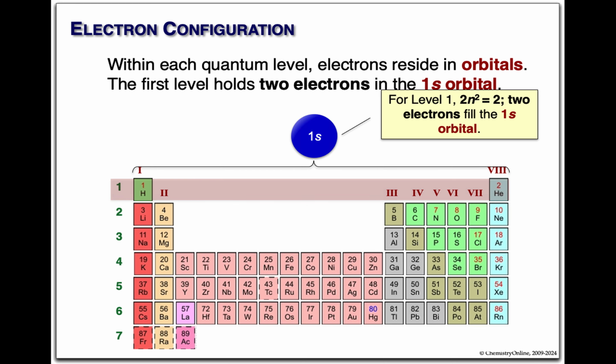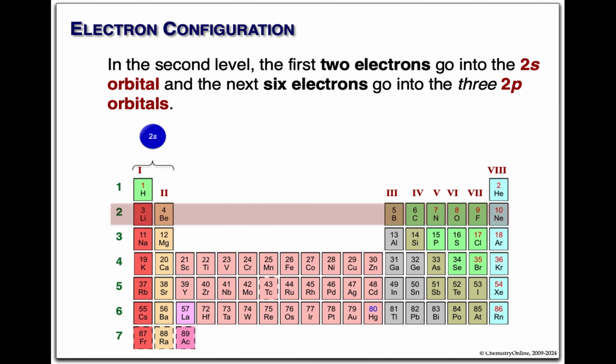Going up in energy, next, we fill the 2s orbital. 1 electron, 2 electrons. Only hold 2. So over here we have the p orbitals. P orbitals, px, py, pz, and again, each of these could hold 2 electrons for a total of 6.